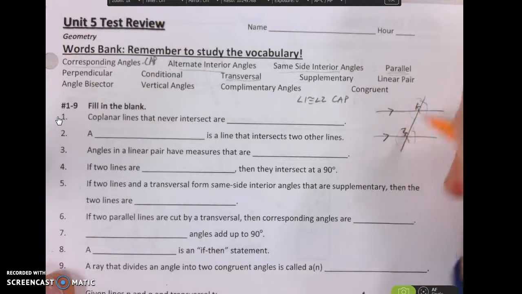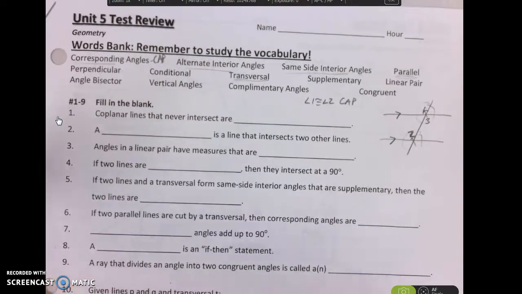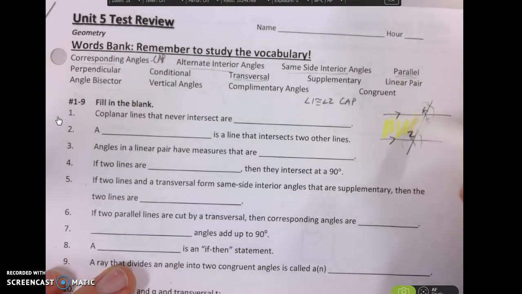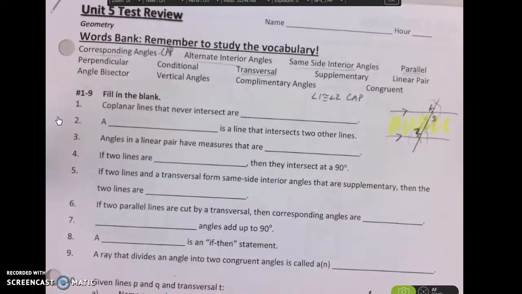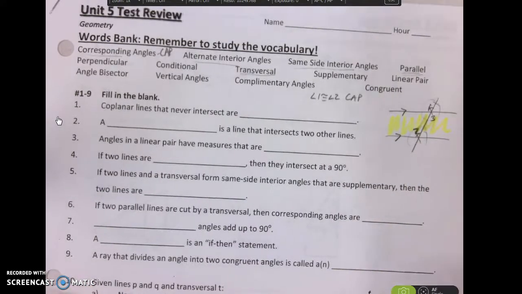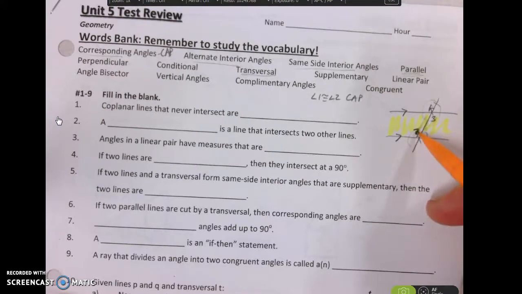Second, we'll do right here this 2. We'll do 2 and 3. So now if we look at 2 and 3, this is in the peanut butter and jelly, I call it. So I'm going to highlight the peanut butter and jelly right here. That's your interior. It's between the two parallel lines. From 2 to 3, if I bring my pencil from 2 to 3, I hit the transversal and I'm going across.